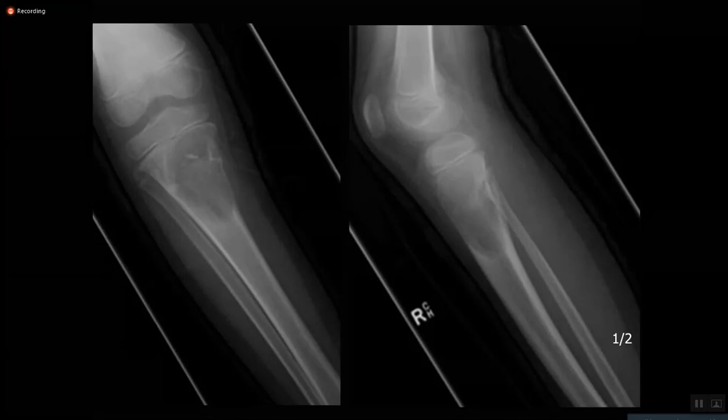You remember that diagram in Chapman: simple bone cyst is central and aneurysmal bone cyst is eccentric, and this is slightly eccentric.